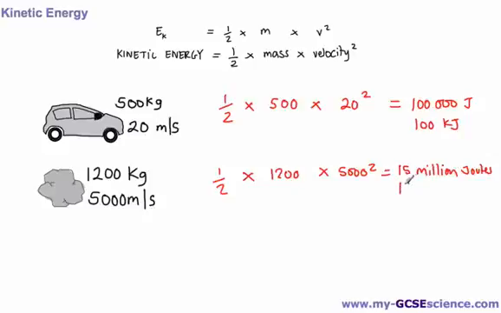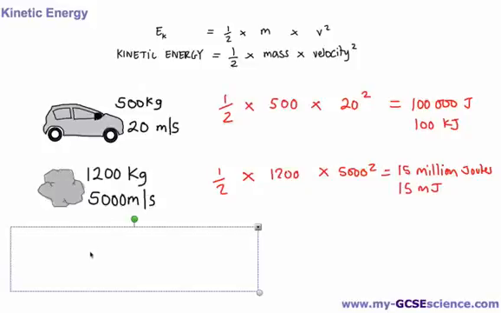Okay, so you can actually put 15 megajoules. That's quite a lot of kinetic energy by this asteroid speeding through the Earth's atmosphere.